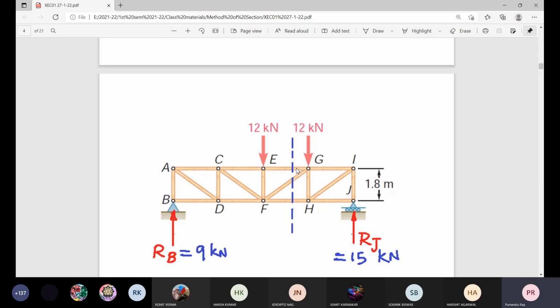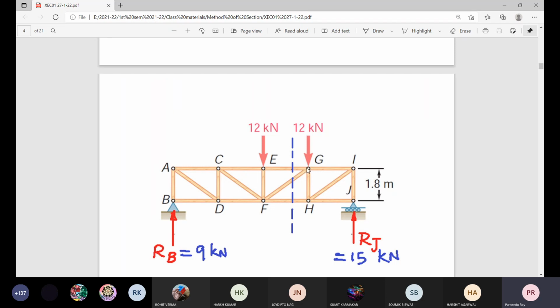Now, if we consider the right hand side, how we eliminate the not required member forces for determination of a particular member. Suppose we want to find out the force in the member FH. So for FH, G will be the suitable location to consider as moment center.